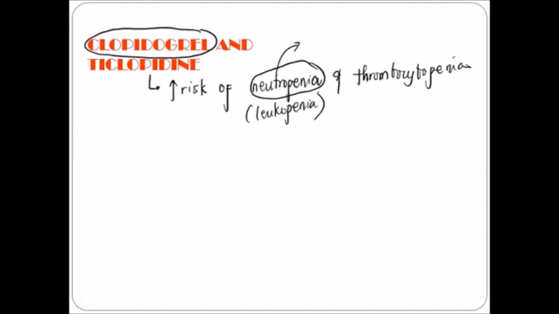Mataas ang risk na magka-infection. Now, ang thrombocytopenia naman could be associated to further bleeding, di ba? That's why ang ticlopidine hindi na siya ginagamit nowadays. Ang common na ginagamit ay clopidogrel kasi less associated siya sa mga problems na nabanggit natin.